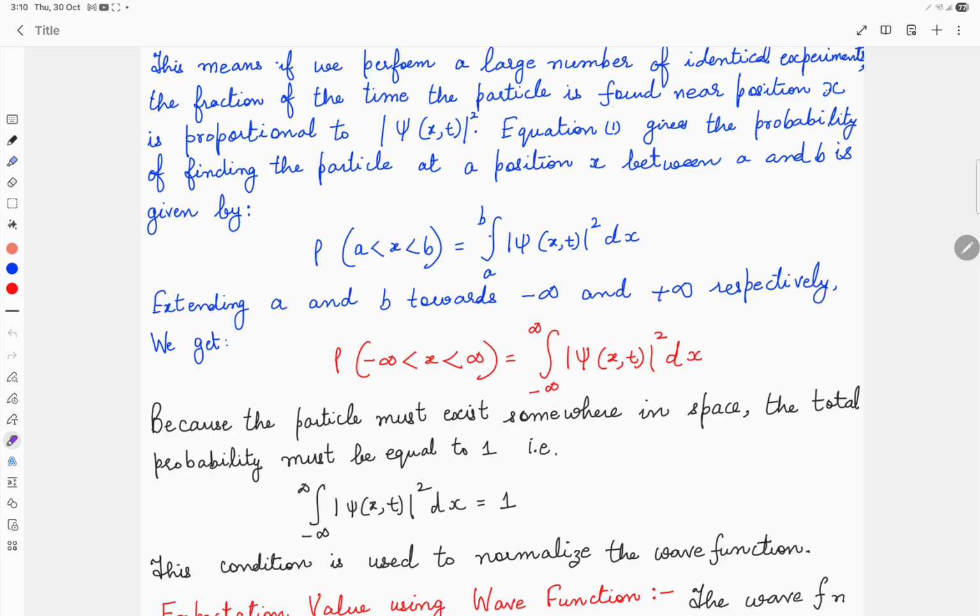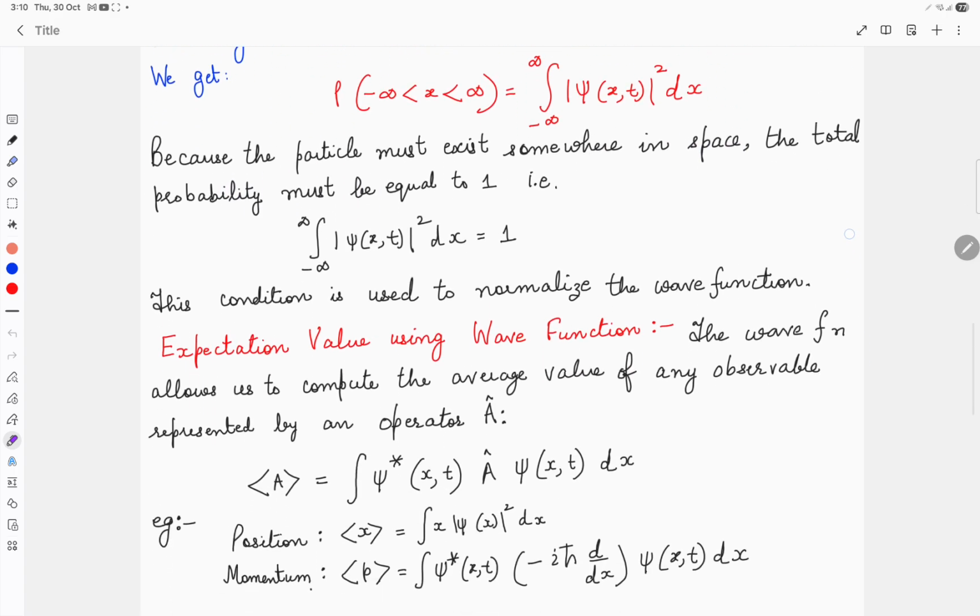Where the particle is, we may not know, but there is a certainty that it exists. Because the particle must exist somewhere in space, the total probability must be equal to 1. This condition is actually used to normalize the wave function.